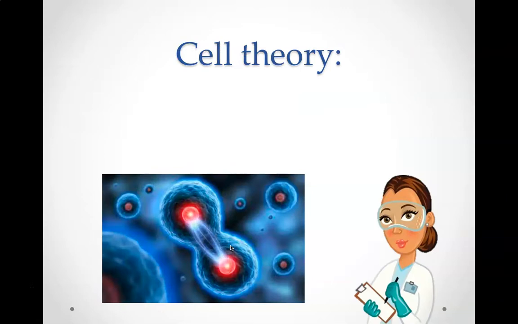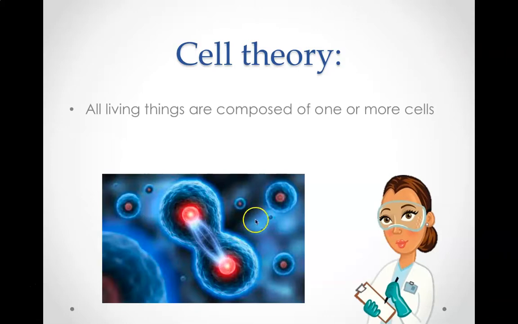Okay, so let's define cell theory. First is that all living things are composed of one or more cells. So we can have very simple organisms like bacteria that are composed of only one cell, or we can have very complex multicellular organisms like us, like humans.